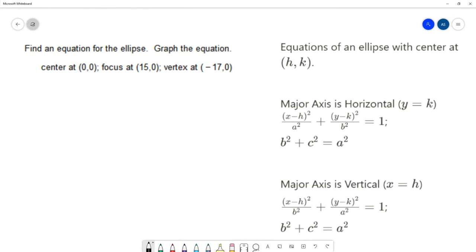I have a center at (0, 0), a focus at (15, 0), and a vertex at (-17, 0).